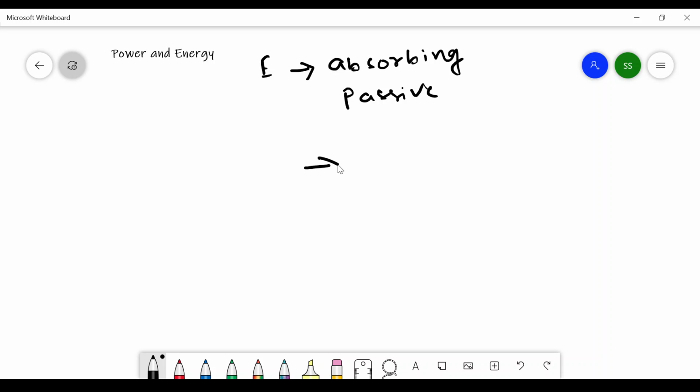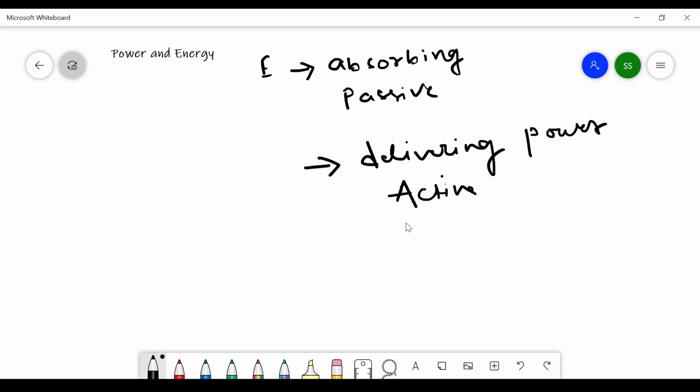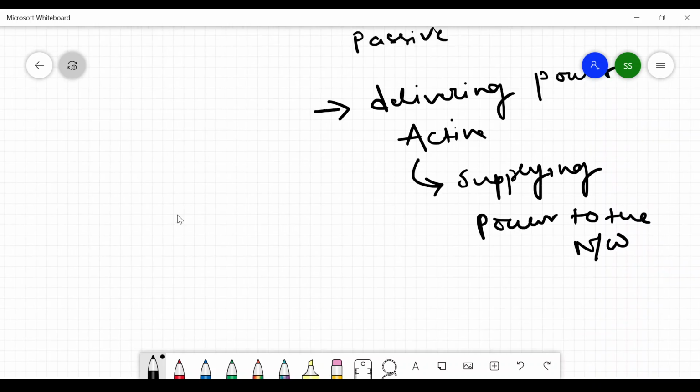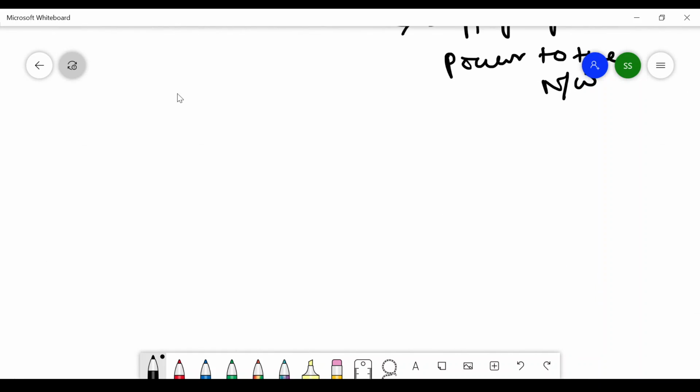And when a particular element is delivering power, then it is an active element. That is, it is supplying energy or power to the circuit, to the network. Okay.